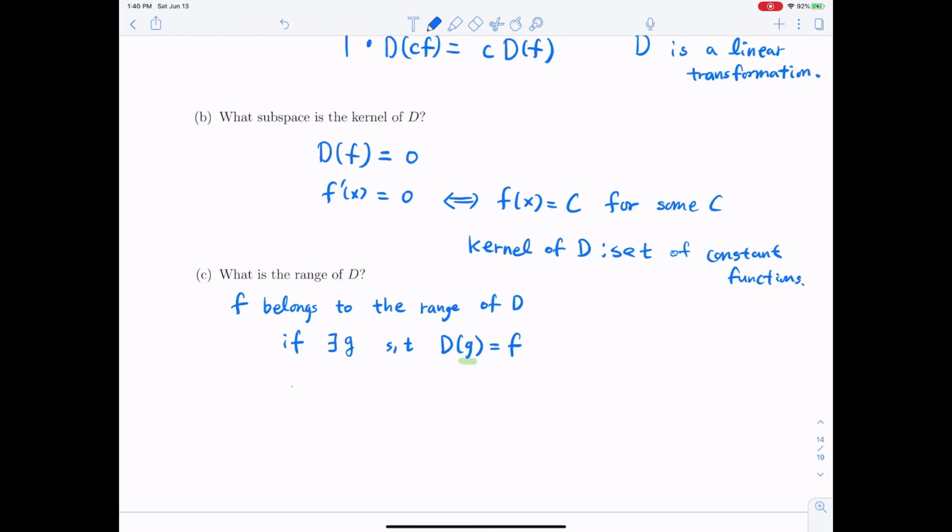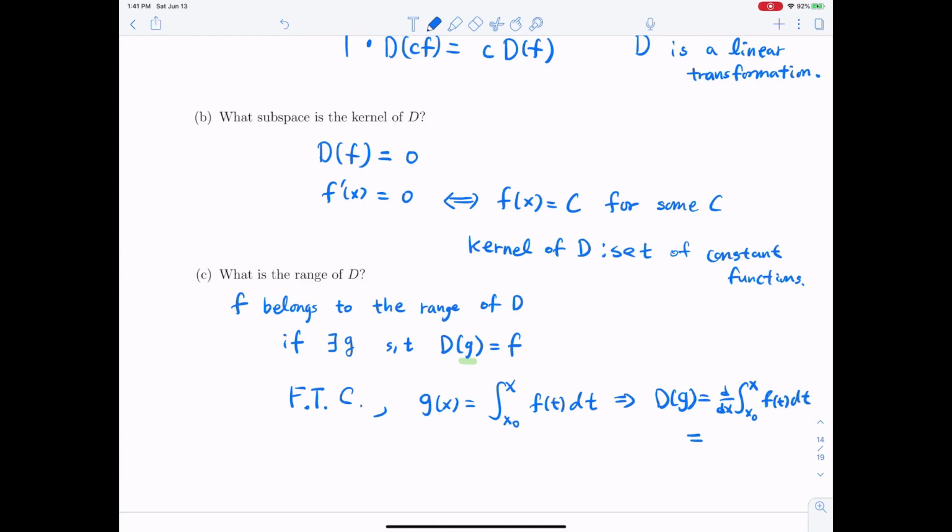By the fundamental theorem of calculus, if you define g of x equals the integral from, say, x naught to x of f of t dt, then we know that D of g equals the derivative of g, which is d/dx of the integral from x naught to x of f of t dt.